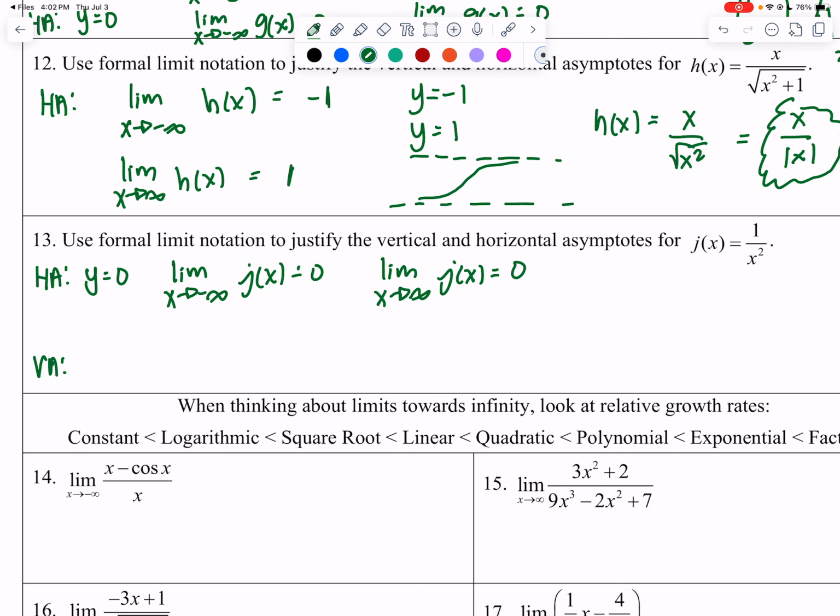If I were to look at my vertical asymptote, this is going to be at x is equal to 0. And we are going to justify y at 0, looking at the left and looking at the right. So once again, I plug in a number to the left of 0 and to the right of 0.